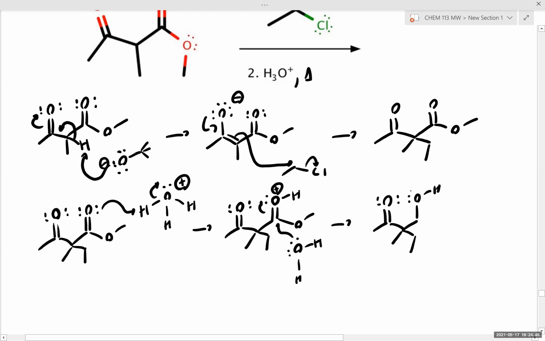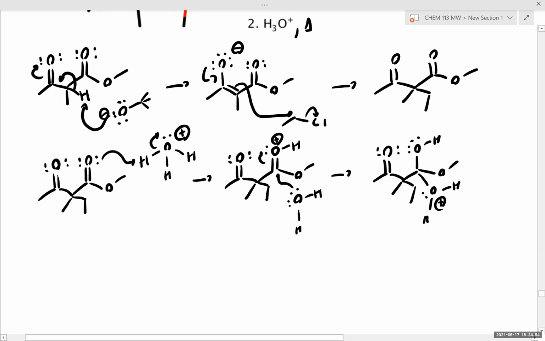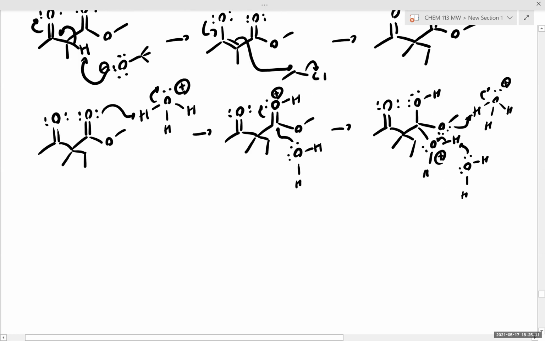From here, we get a tetrahedral intermediate. We're then going to activate our leaving group via protonation. And we're going to free up a lone pair on one of our oxygen atoms.